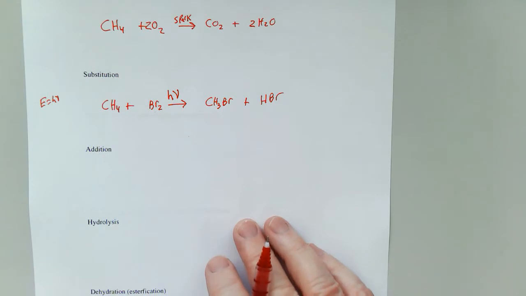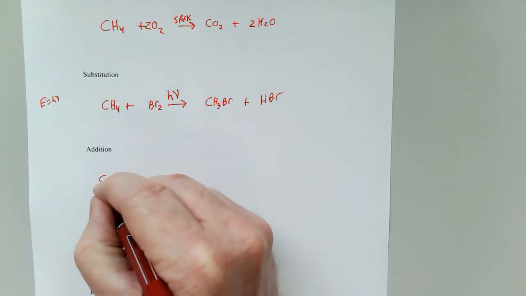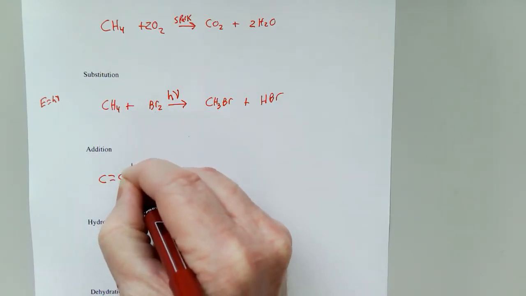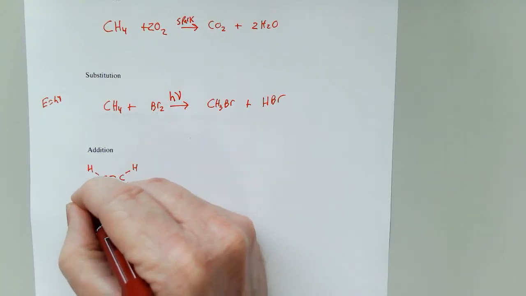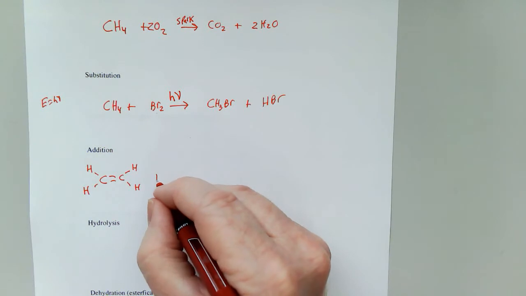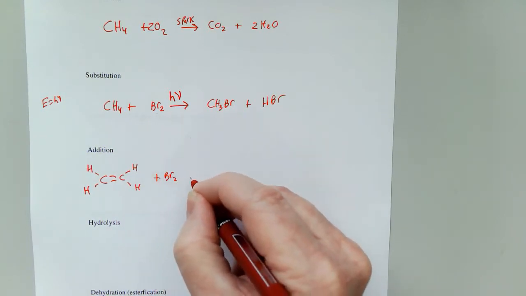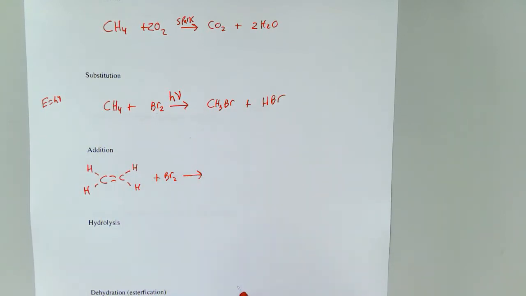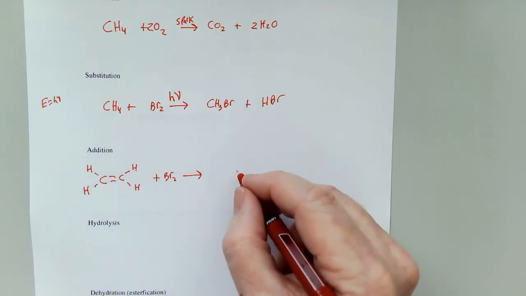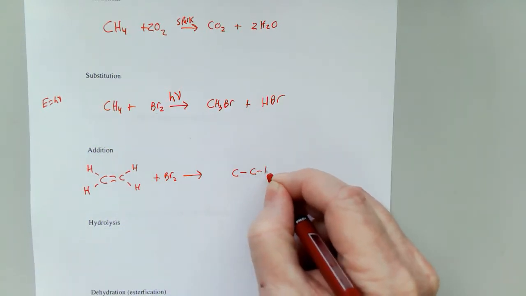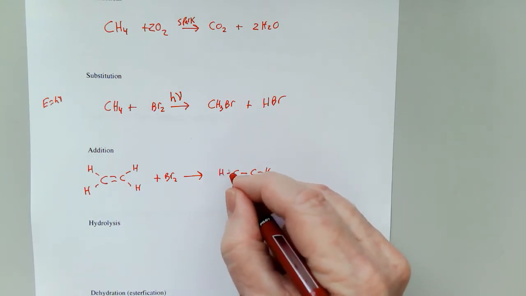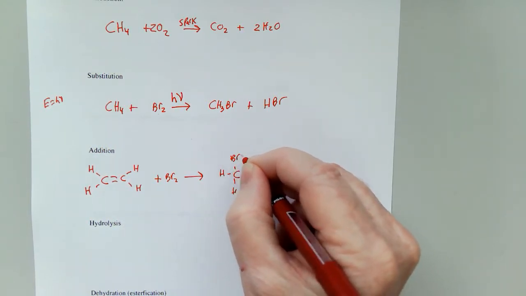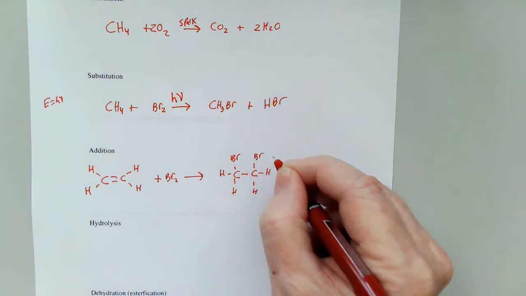Okay, addition. In order to have addition, we're going to have a double or a triple bond that we can break open. And again, it's going to be halogens we talk about all the time. That double bond opens, and what happens is we get the hydrogens all there, and then a bromine on each of the carbons.